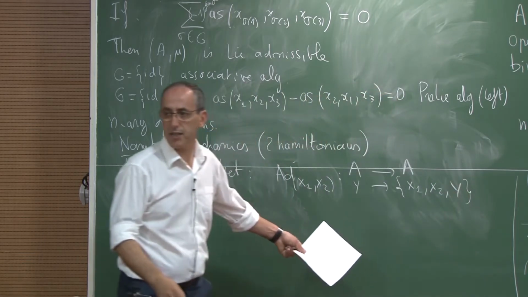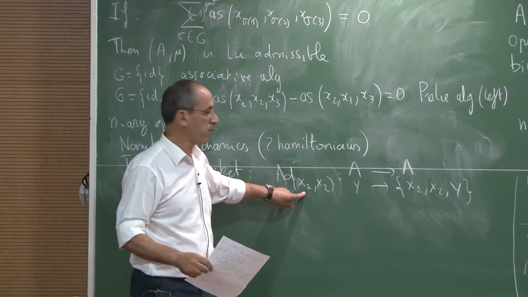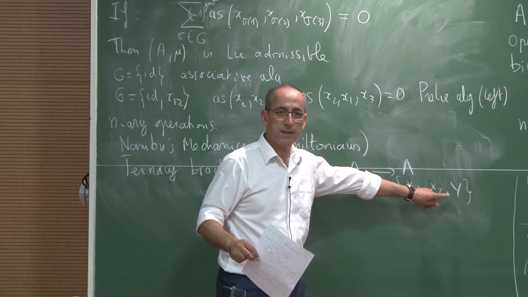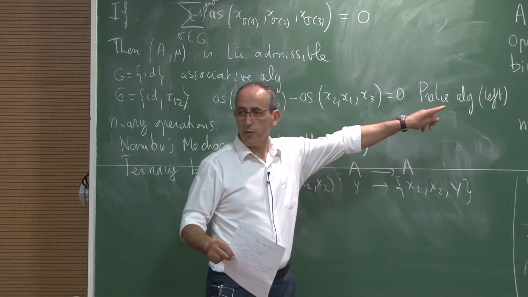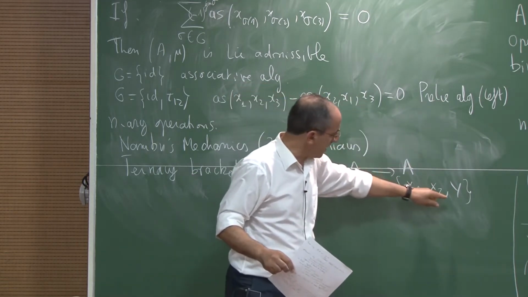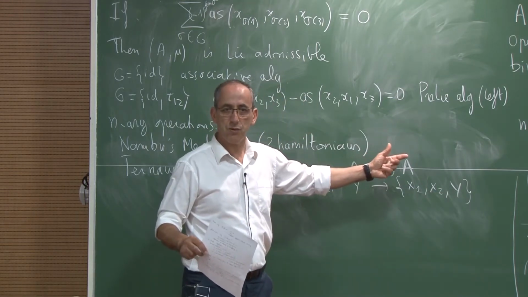This is the left action. With a Lie algebra, we have only one element here, and we act by the bracket x1, y. The Jacobi condition exactly means that this action is a derivation with respect to your bracket.